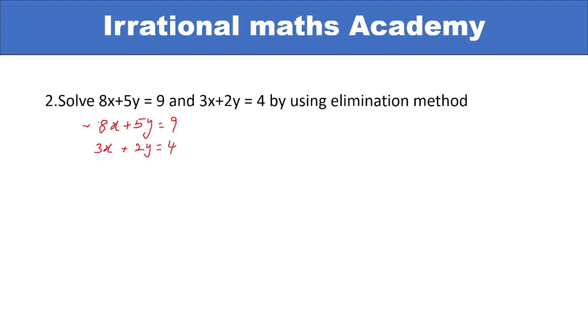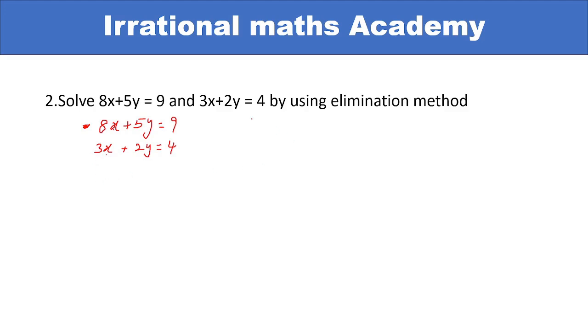Here I want to eliminate x. To eliminate x, first I'll make the coefficients of x in this equation and this equation the same. The coefficients of x are 8 and 3.